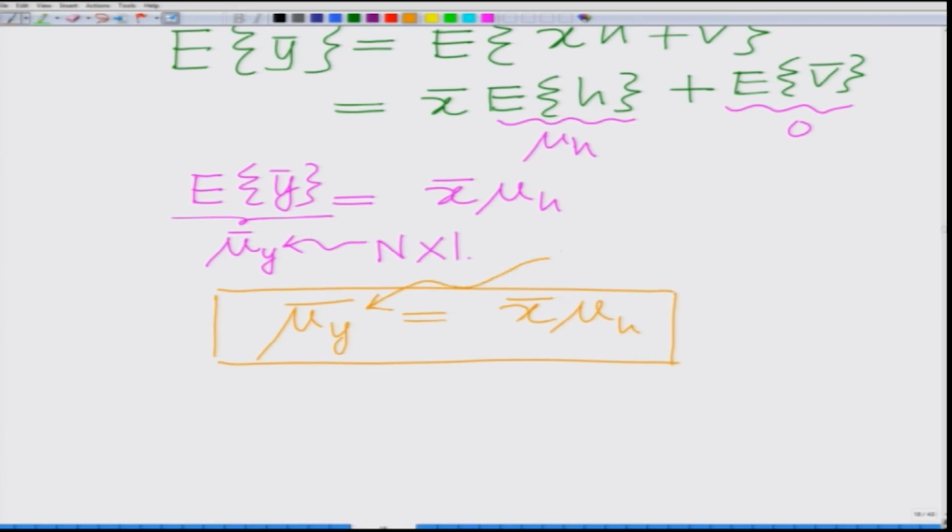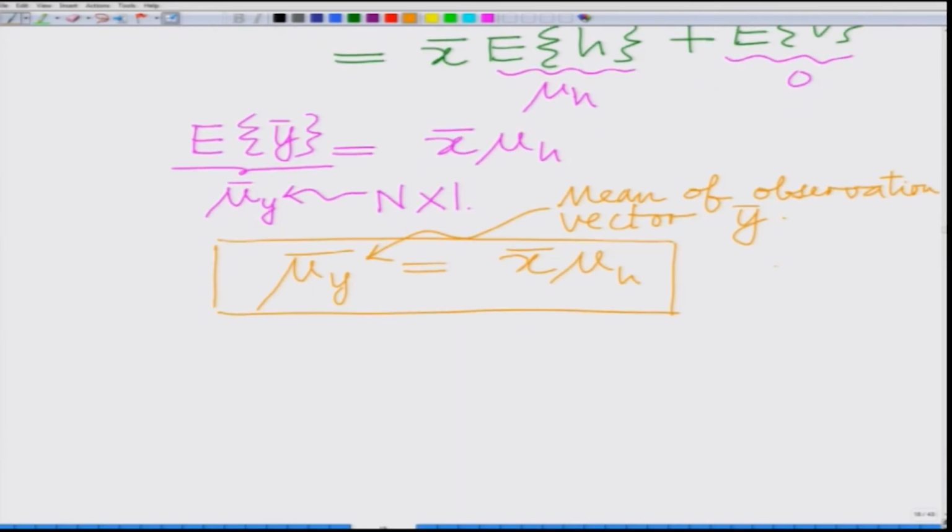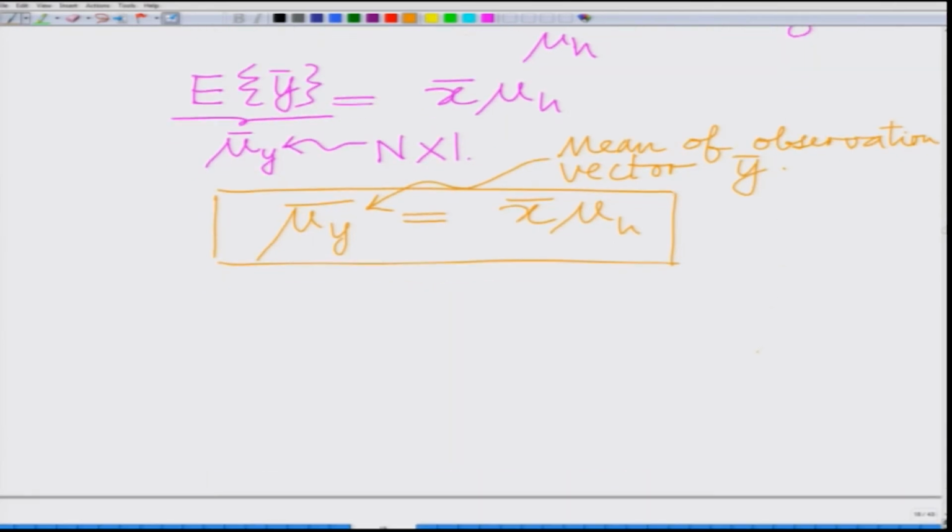This is the mean of the observation vector y bar.